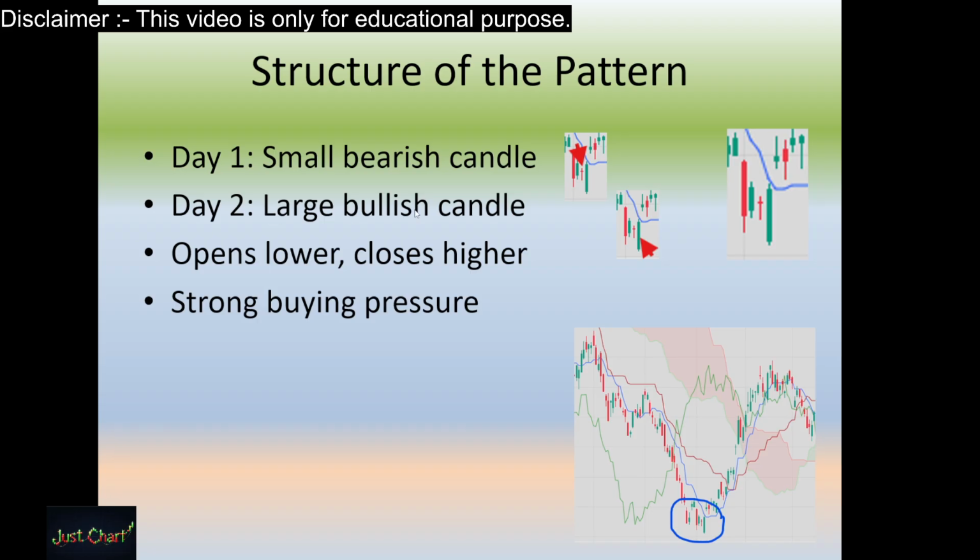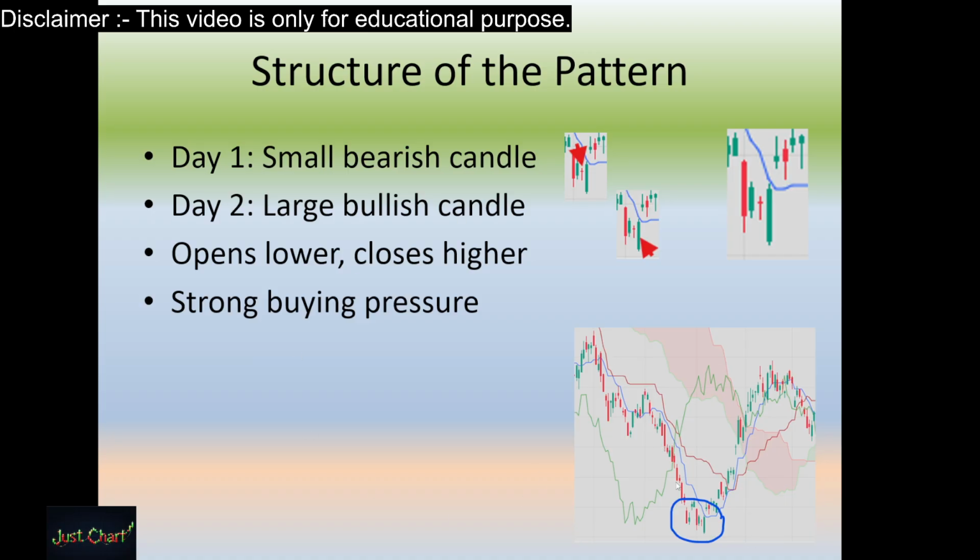On day two, a large bullish candle, the green one, appears after the red candle. The red candle is engulfed by the second green candle. It opens lower and closes higher than the previous day's candle.